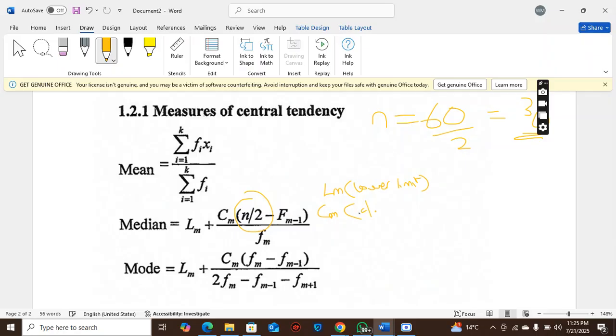Lower limit of median class. CM, class width. FM minus 1 should be. Yes, you were paying attention last time. Wonderful. Cumulative frequency before the median class.